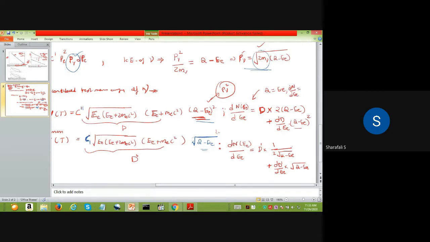When q becomes E, this will become 0, this will become 0. So the total value will become 0, which means that the slope will become 0.